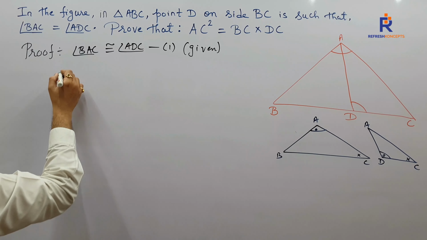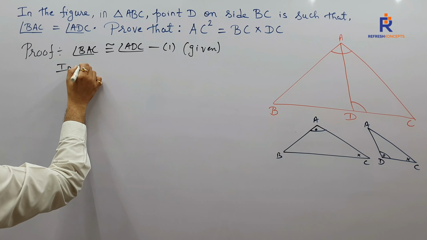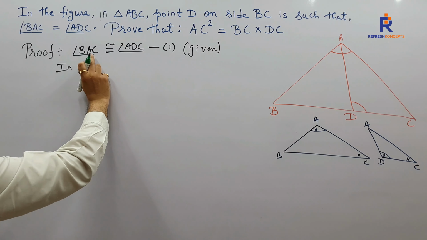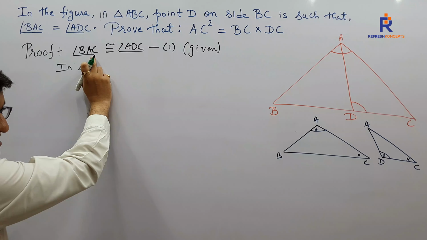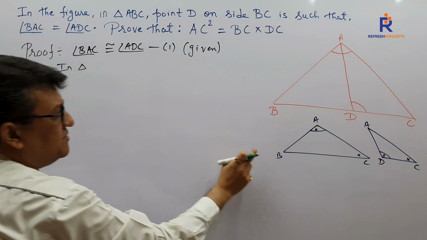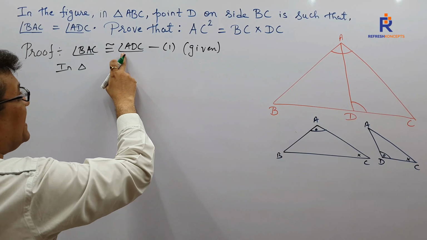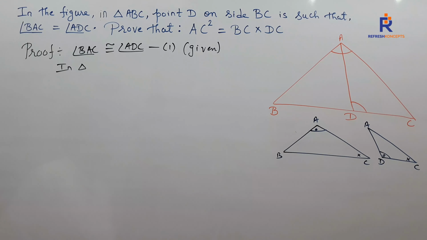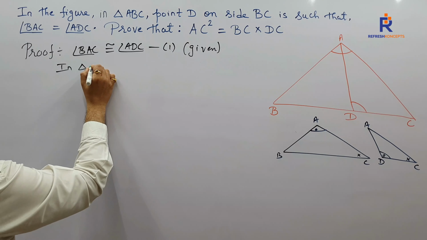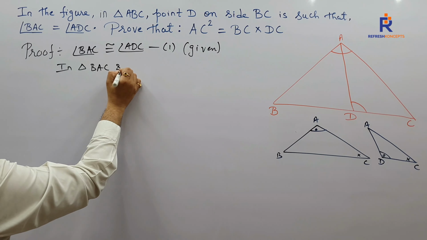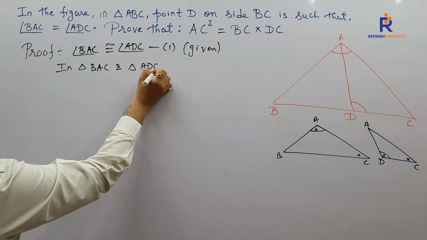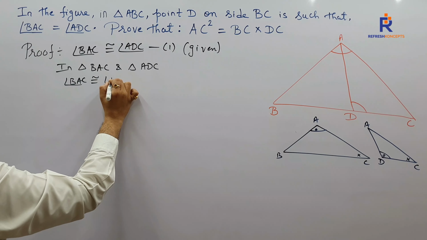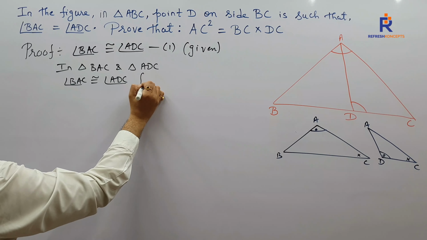Now we switch over to the two triangles. Be careful when we switch over. One-to-one correspondence should be there. When I say BAC, then comes ADC, they are working one-to-one. So in triangle BAC and triangle ADC, can I say angle BAC congruent to angle ADC? From where did I get it?